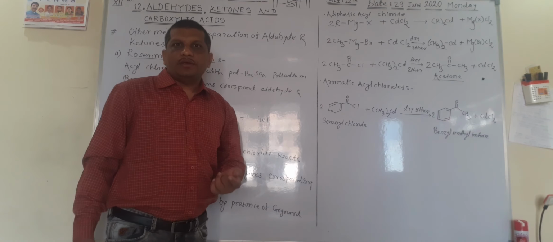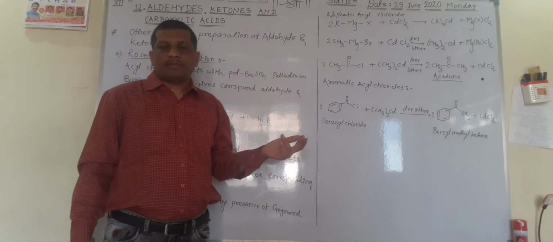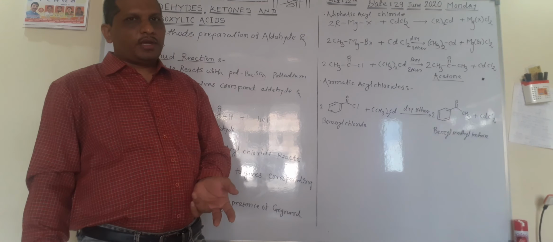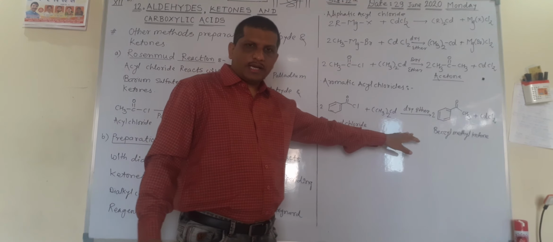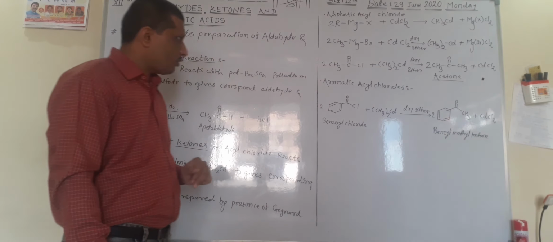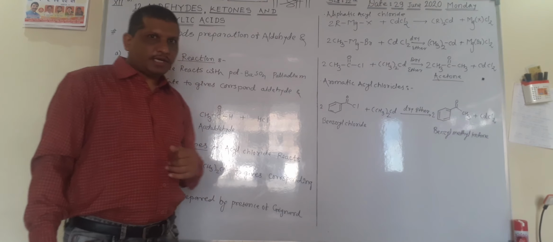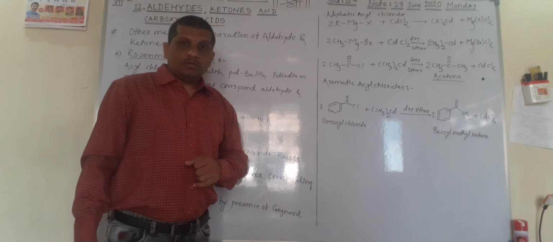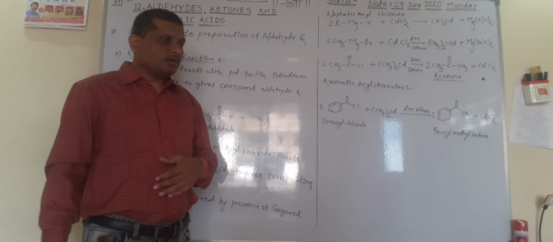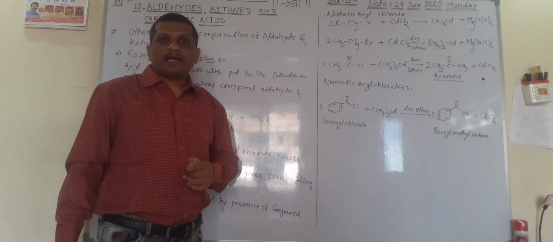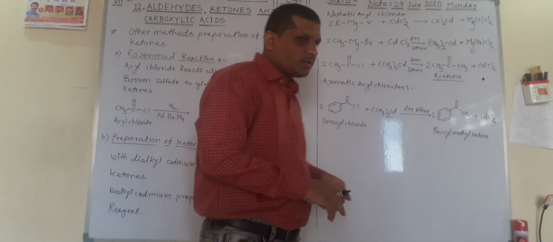In a similar way, aromatic ketones can be obtained. In this way, we have seen these reactions. Next lecture we will see the reaction with nitriles, preparation of aldehyde and ketones by nitriles. Thank you.